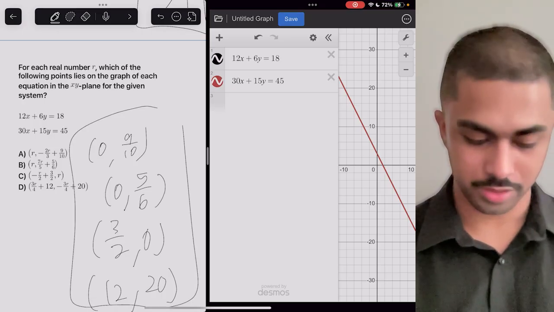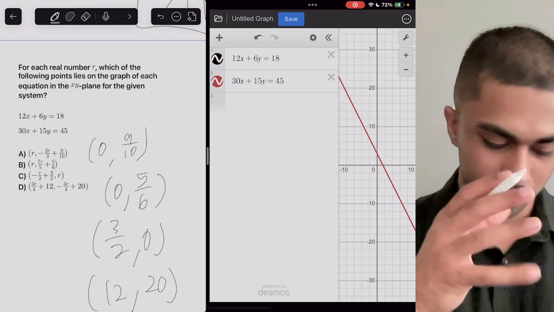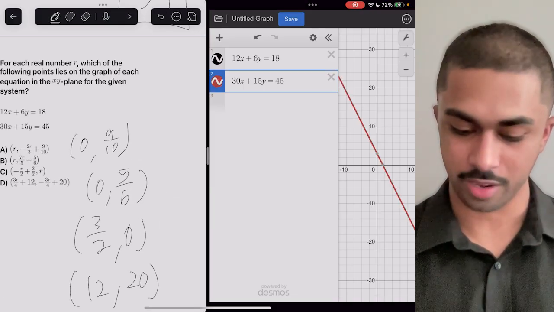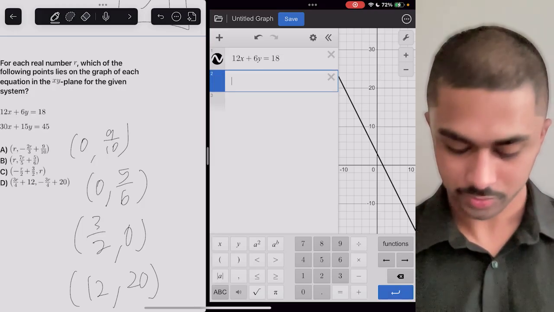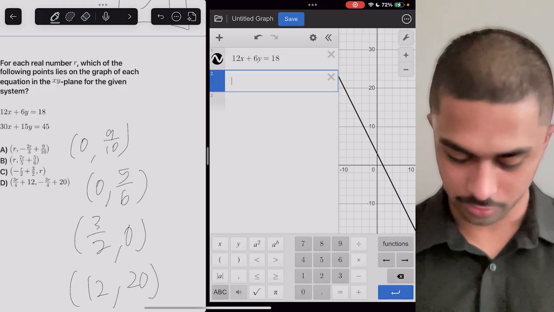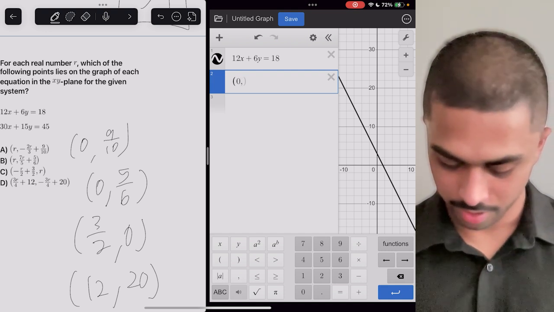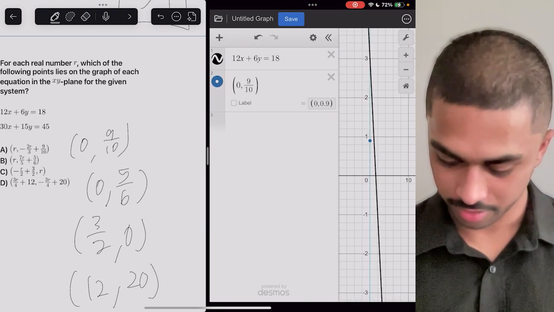And here's the thing. These 4 points have the correct answer will have the point on this line because they're the same line. We can actually delete the second one just to keep it simple. So if we plot these 4 points, let's say 0, comma 9/10, see how this is not on the line, right?